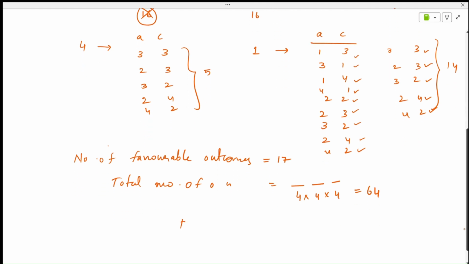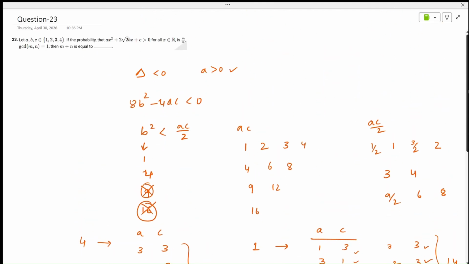Then our probability of event is equal to 17 upon 64, where 17 is m and 64 is n, because HCF of these two is 1. m plus n is equal to 17 plus 64, which is equal to 81. So m plus n is equal to 81.